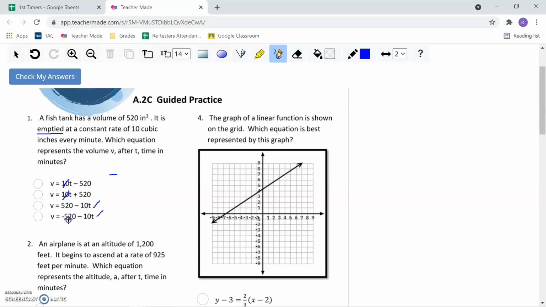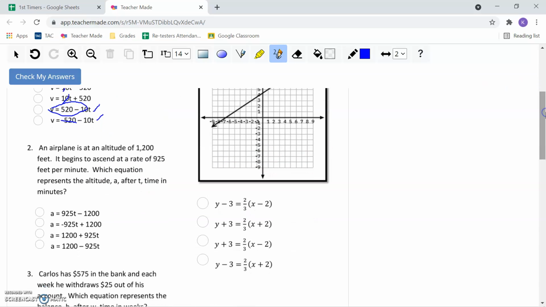Now look, the difference between this one is this is a positive 520, this is a negative 520. Can you start off with a negative volume? No, so it cannot be this one. So it starts off with 520 and it empties. That's why it's minus 10 inches every minute. So this one right here, ladies and gentlemen, it is your answer.